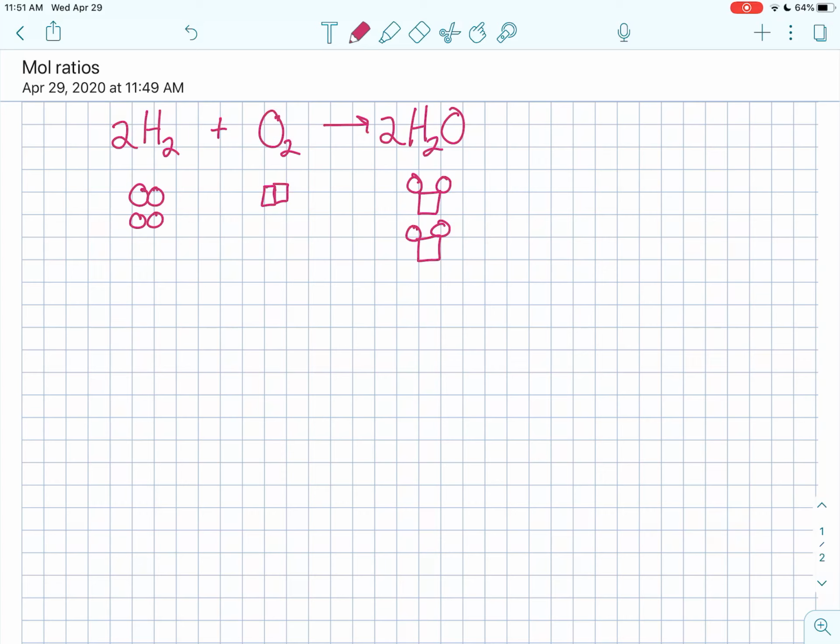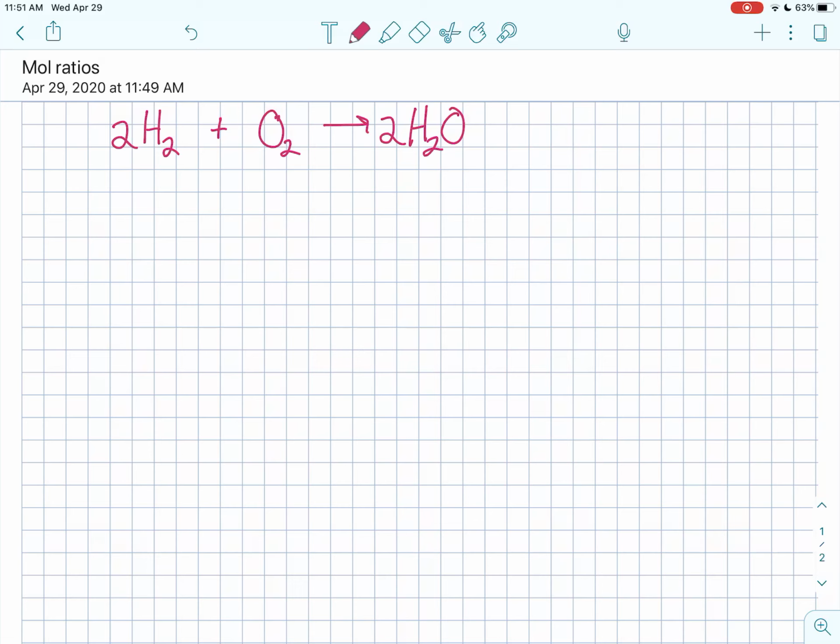Well, now we're going to talk about it on a much larger scale, because it's unrealistic that I'm going to take 2 H2 particles, combine it with 1 O2 particle to get 2 molecules of water. That's a bit unrealistic. So instead of those numbers representing individual atoms and molecules, just like when we did our molar mass, these are now going to represent the amounts of moles of each substance we need.